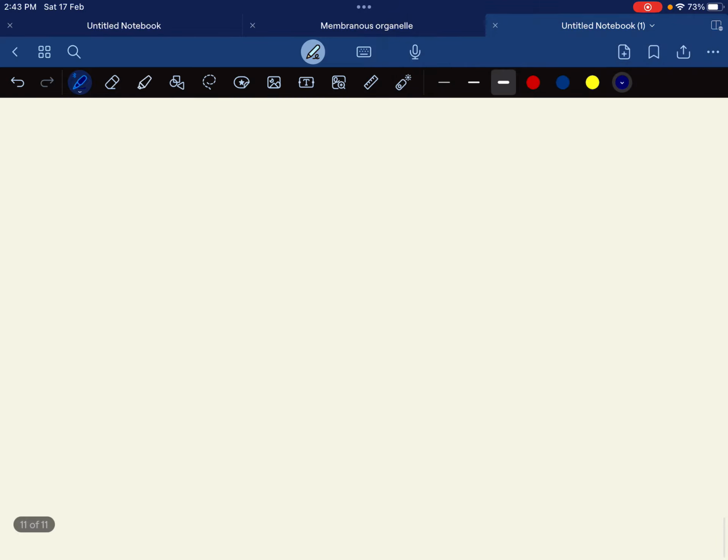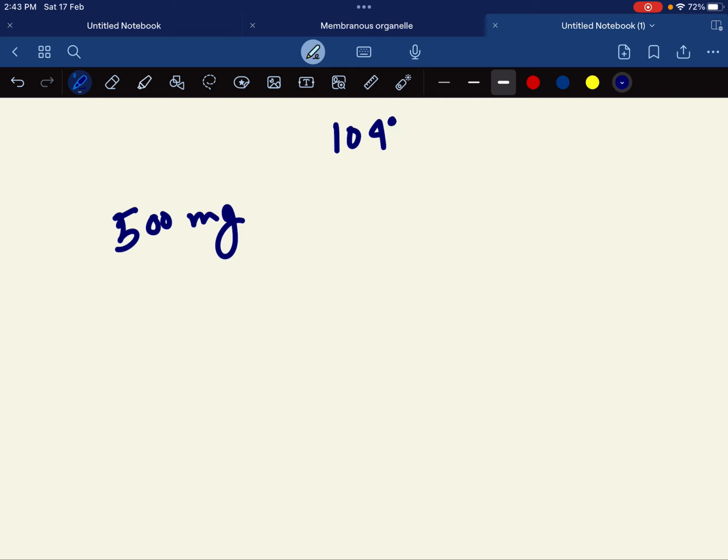Let's suppose you are having a fever of about 104 degrees. Now you know the baseline temperature is about 98 point something, but for easier calculation I am considering 98 degrees.